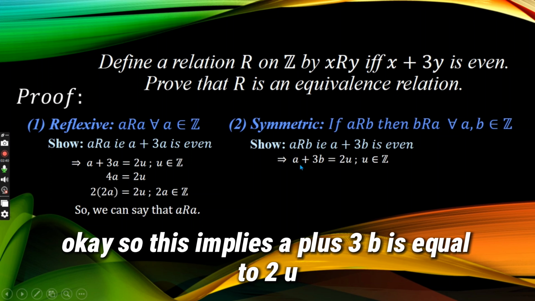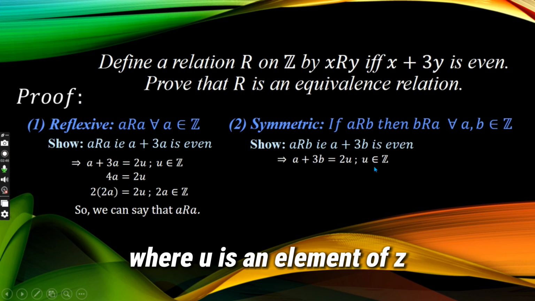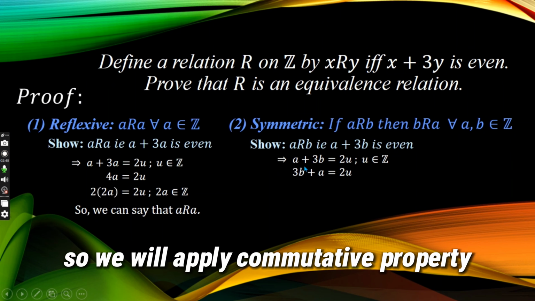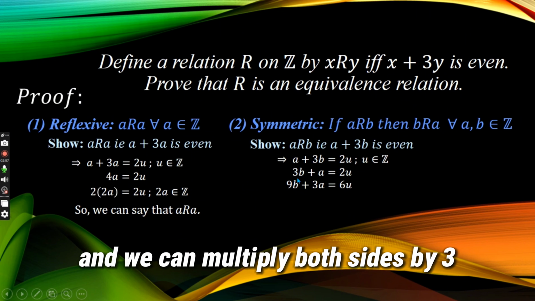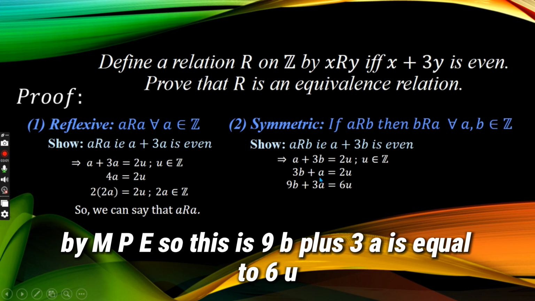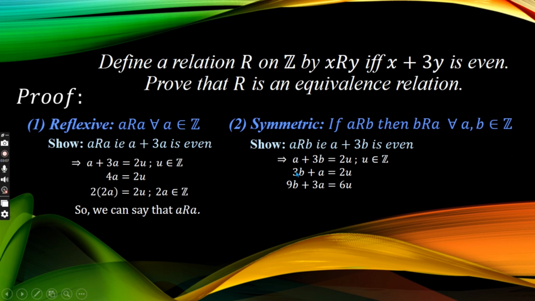So this implies a plus 3b is equal to 2u, where u is an element of Z. So we will apply the commutative property. So this becomes 3b plus a is equal to 2u. And we can multiply both sides by 3 by MPE. So this is 9b plus 3a is equal to 6u.